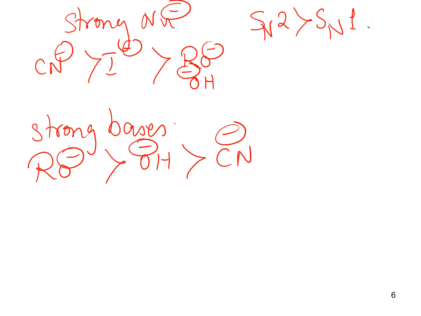Suppose that we are using a base. The base is looking for a proton. It wants a proton, not just anything that is carrying positive. Suppose it did not find a proton. There was no acidic proton in the molecule for the base to attack. It will have to react as a nucleophile. It cannot act as a base now. A base is looking for a proton, and a proton does not exist.